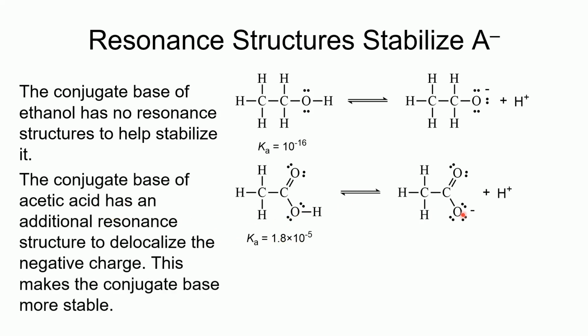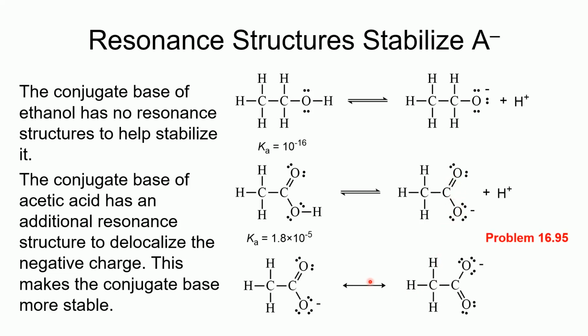All right, it has a conjugate base that is acetate, and as you probably remember, we can draw resonance structures for this. We've got a negative charge on this oxygen and no charge on this oxygen. Well, we can redraw the same structure so that it puts the negative charge on the other oxygen.